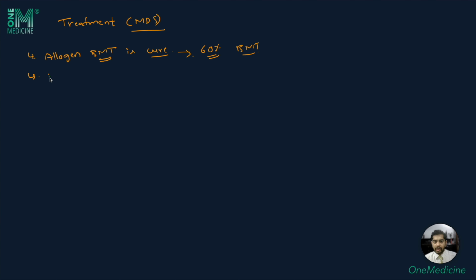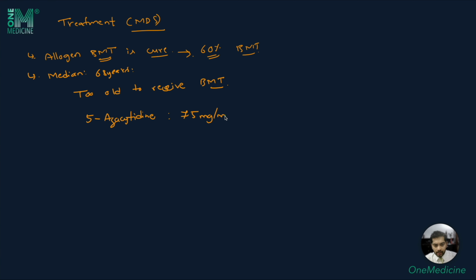As we have seen, the median age for myelodysplastic syndrome is 68 years, and most of these patients are too old to receive bone marrow transplantation, and these patients can be treated with 5-azacitidine in the dosing of 75 milligram per meter square of body surface area daily for 7 days every 4 weeks. This can delay transformation to acute myeloid leukemia by 8 to 10 months.